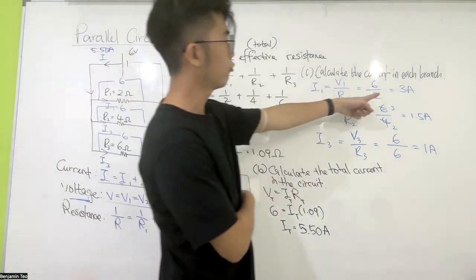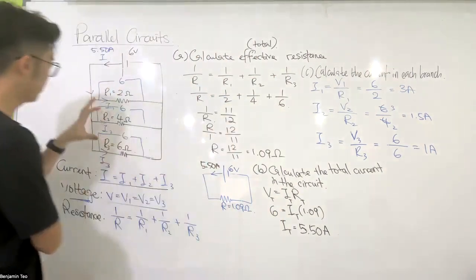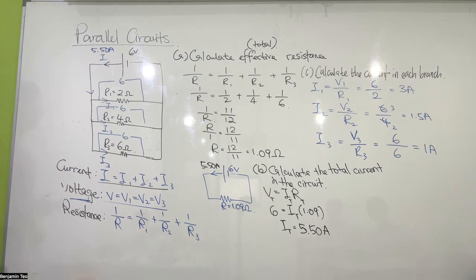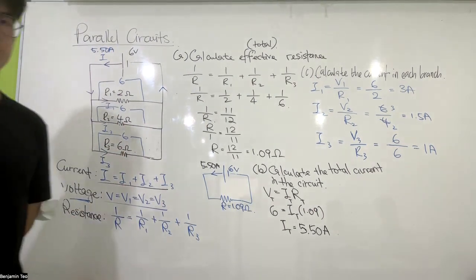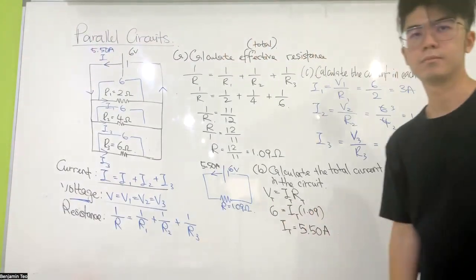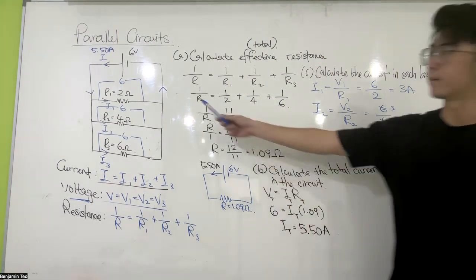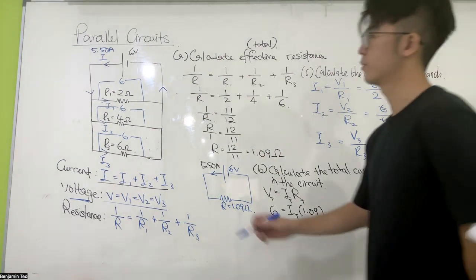What do you notice again? This one plus this one plus this one. The currents in each branch add up, you get the total current. What is the current over here? 5.5, right? 5.5.